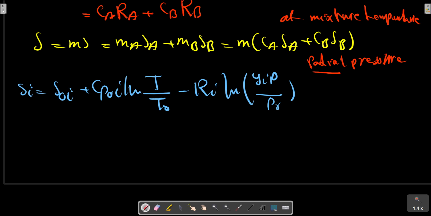Consider a process with constant mixture composition between state 1 and state 2, and let us calculate the change for component i from state 1 to state 2.